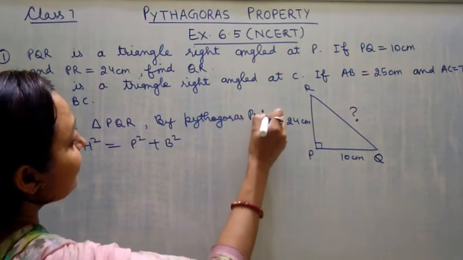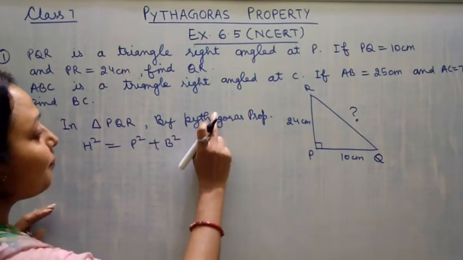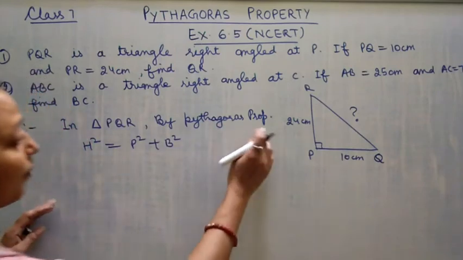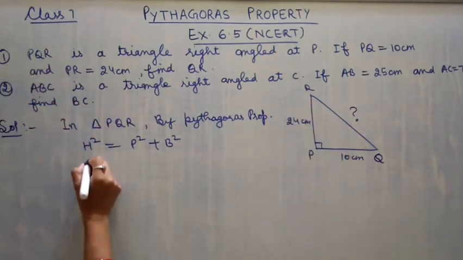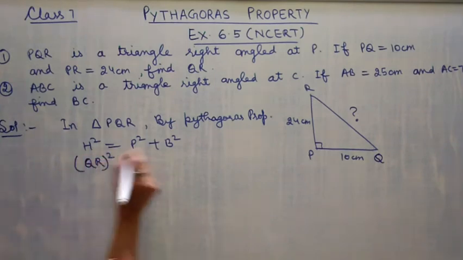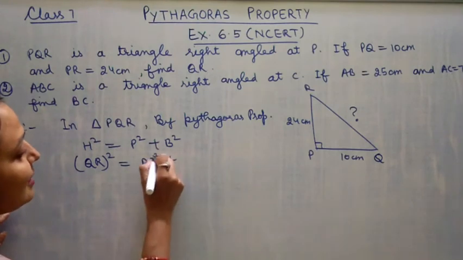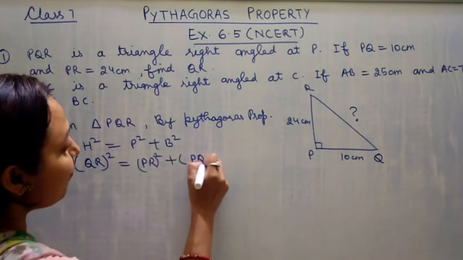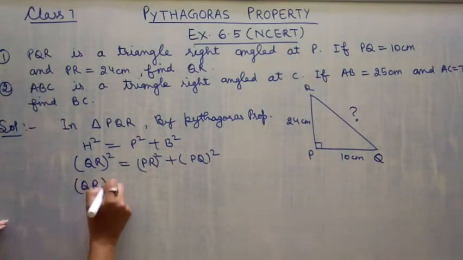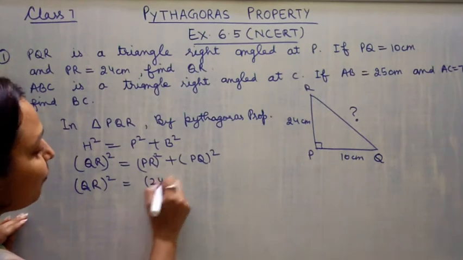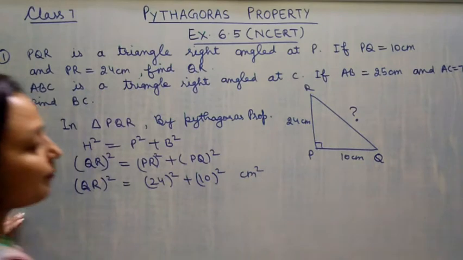That means QR whole square, the hypotenuse QR, is equal to PR whole square plus PQ whole square, and we have to find the value of QR. PR is 24, so 24 whole square plus 10 whole square. So write both in centimeters together.